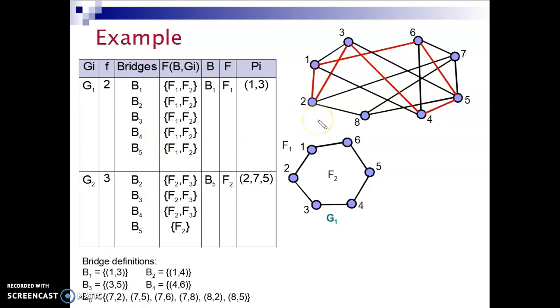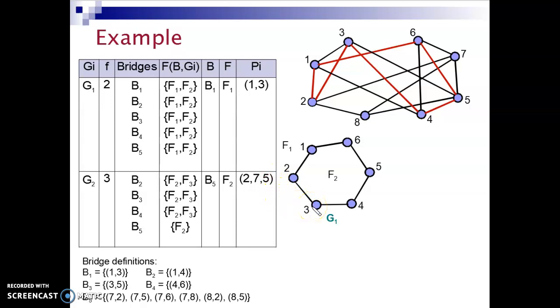The next thing to look at is to find out in which faces we can draw these bridges. For example, let's look at a simple one, bridge 1-3. It's just a single edge between nodes 1 and 3, and we can draw that edge here on face 2 or on the exterior face, around like this.